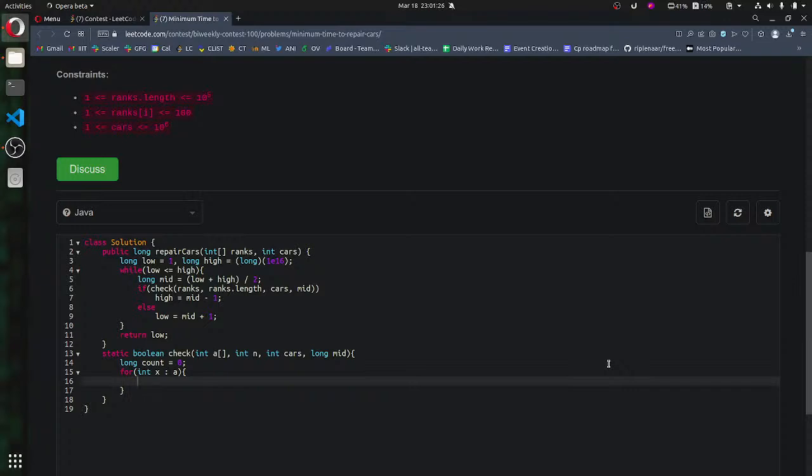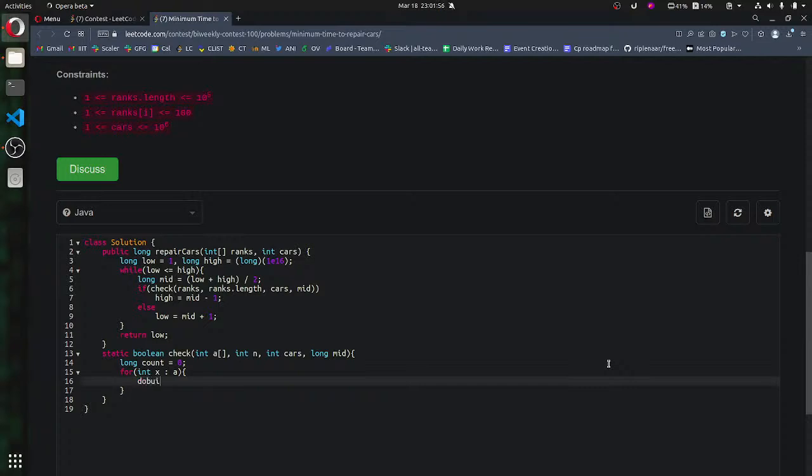So what we will do here is, should we do the divide operation first or the root operation first? I think this divide should be done in floating point way.